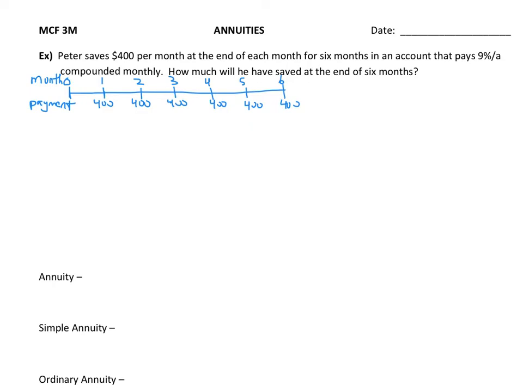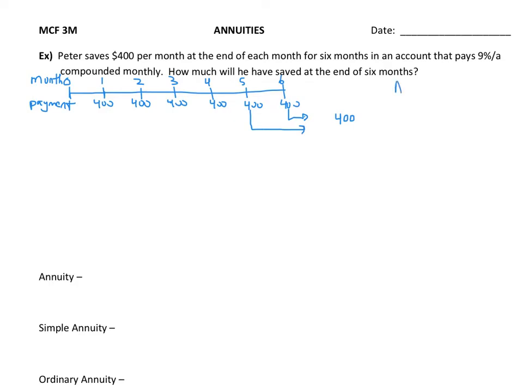All right, so I'm going to actually work backwards here. At the end of 6 months, this $400 that was deposited at the end of that 6 months is only worth $400 because it went in and has no time to earn any interest. However, the second last payment has a chance to earn 1 month's worth of interest.